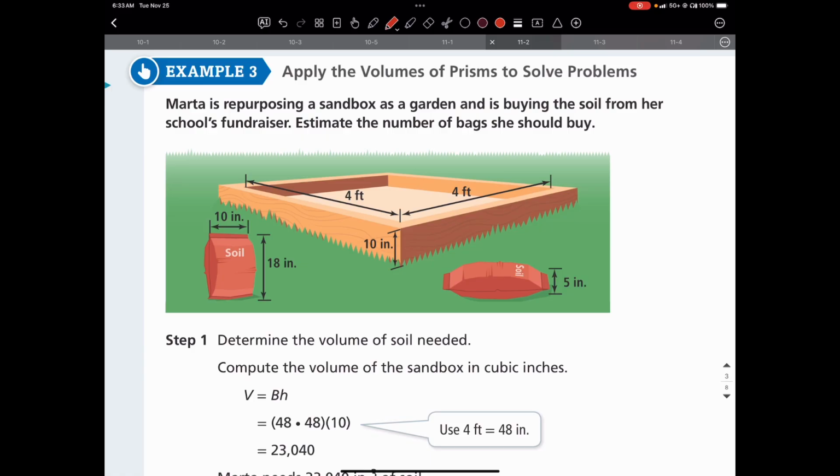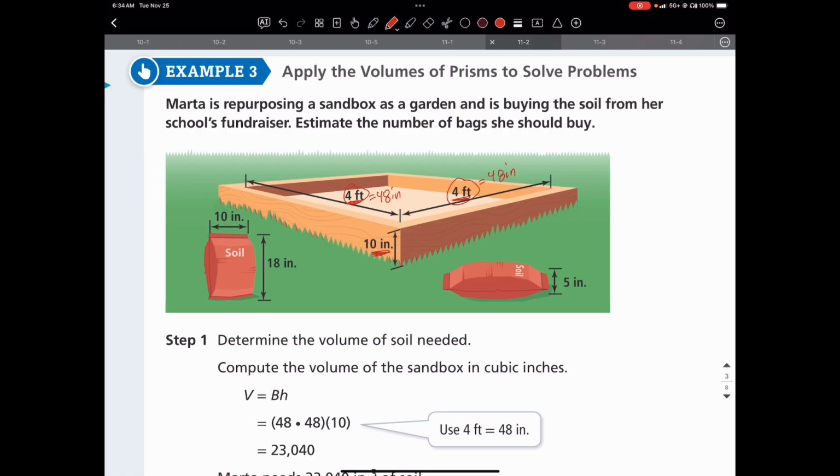And you would compute the volume of the sandbox in cubic inches. So it's 10 inches tall, right? You have 4 feet long by 4 feet. So it's a square box, basically 4 feet by 4 feet by 10 inches, right? But notice something. They're given in feet. Everything else is in inches.